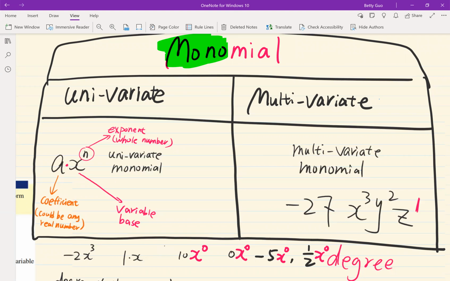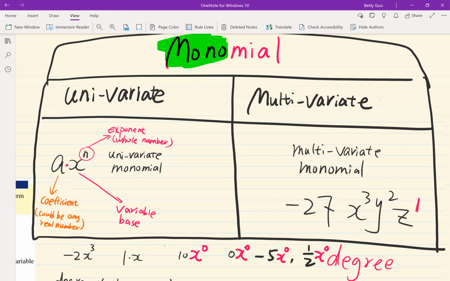It could be any real number: positive, negative, zero, fractions, decimals, rationals, irrationals. So once again, it takes memory. Learning mathematics is natural science, but it takes a lot of memory. You need to remember.